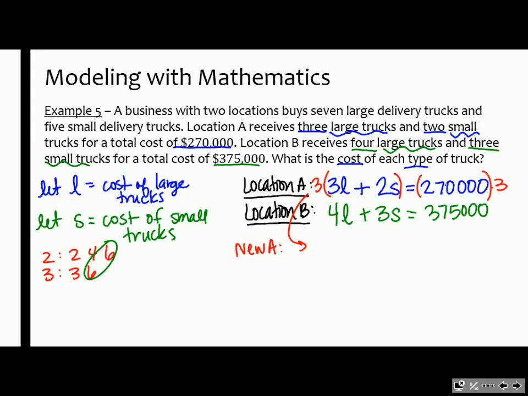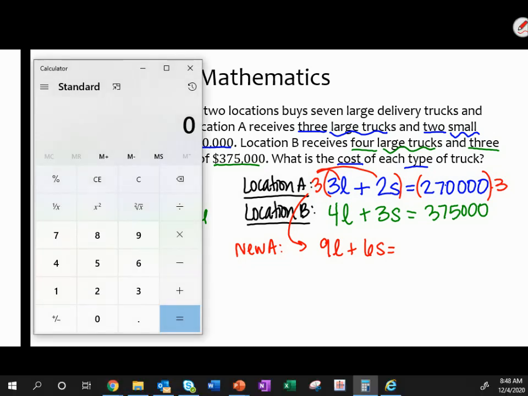So distributive property, 3 times 3L is 9L. 3 times 2S is 6S. And then 3 times 270,000. Let me use my calculator just to be on the safe side, even though I'm certain I could do it. 270,000 multiplied by 3. Yeah, 810,000.